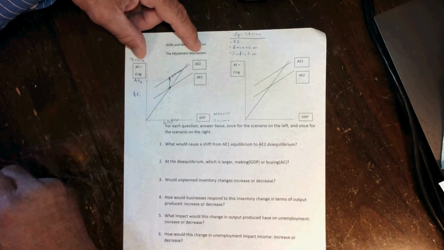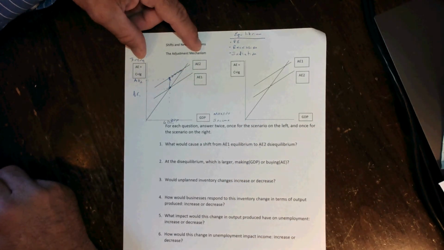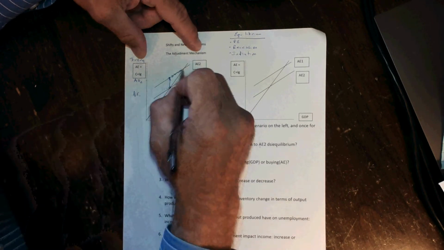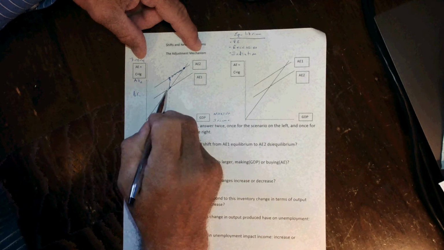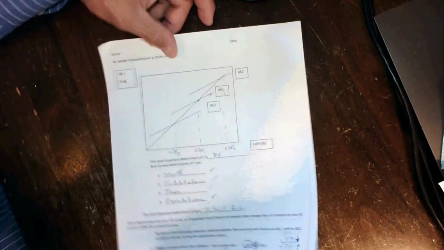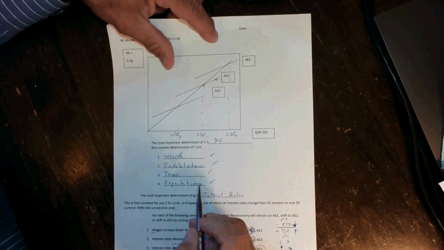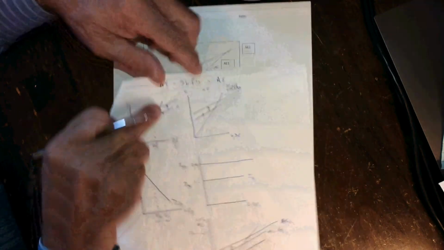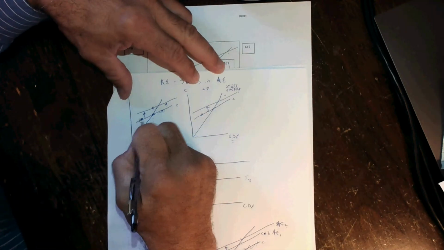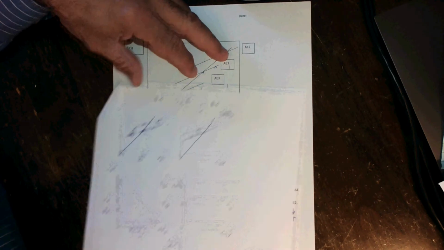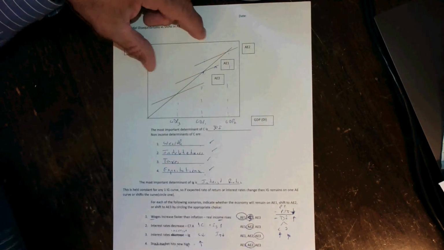As a result, income will go up. Income is something that causes you to ride on one aggregate expenditure line. So we had a shift caused by a non-income determinant, and then a ride on a consumption line in response to the change in income. So two things are going to happen.